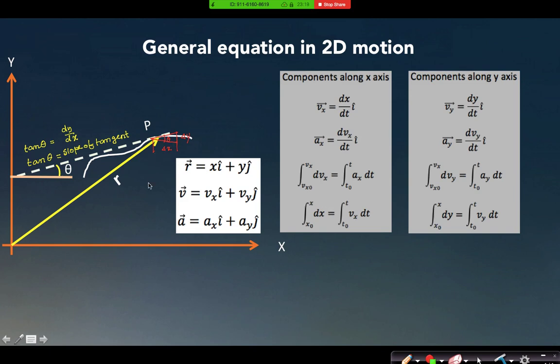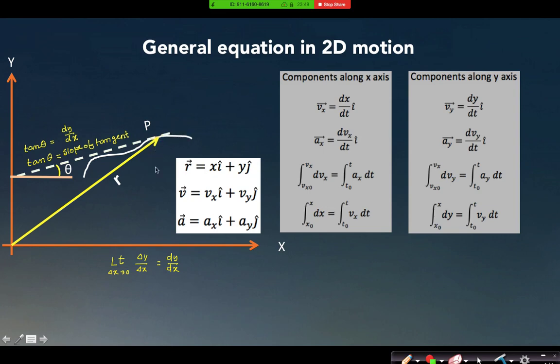Yes or no? Do you remember this expression we have said earlier, that in the limit delta x tends to 0, delta y by delta x is tan theta, which is dy by dx only? So that can also be said as tan theta, the slope of the tangent at this point.